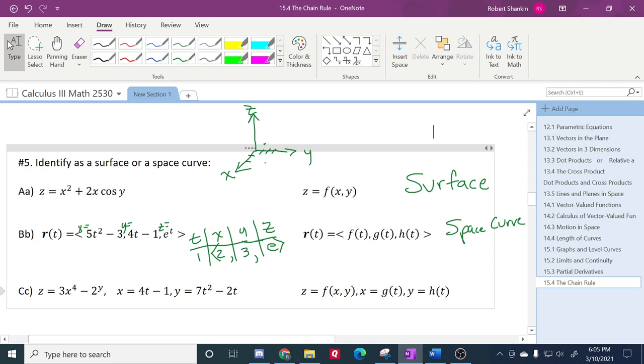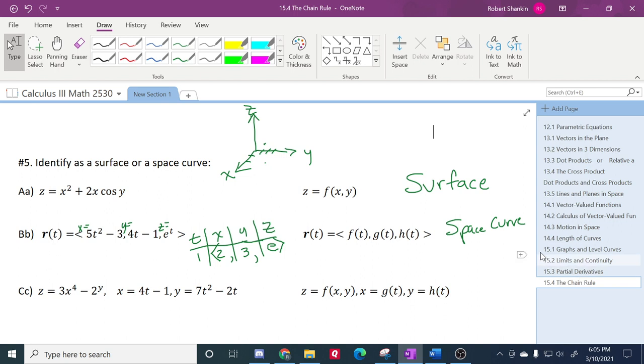Y is a function of t, like some h of t. Now, putting all that together, is this a surface or a space curve? And this one is not so simple. I'll give you a minute.